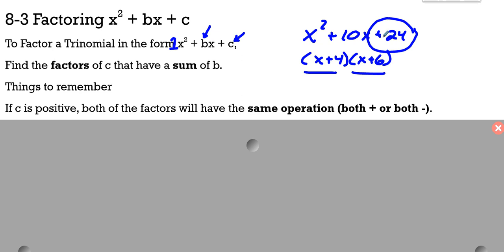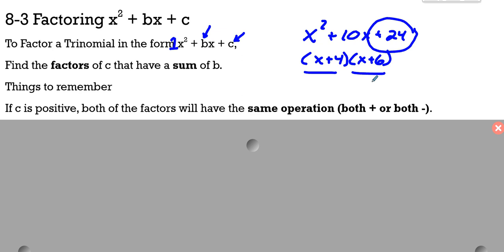Because how did we get a positive when we multiply them together? Well, they're the same. So if in the trinomial the second operation is addition, it means in our binomials, both of the operations are going to be the same. They're either both going to be addition or both be subtraction.